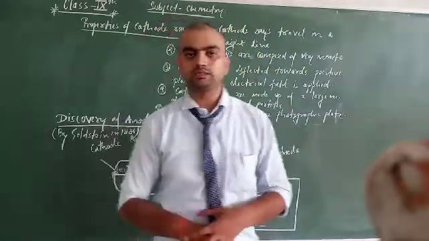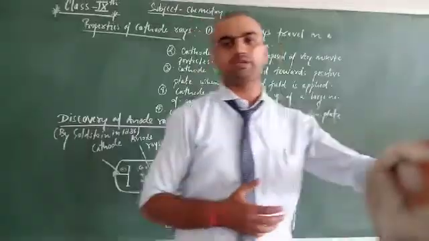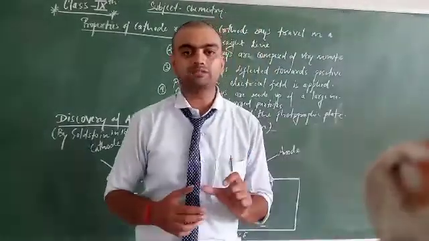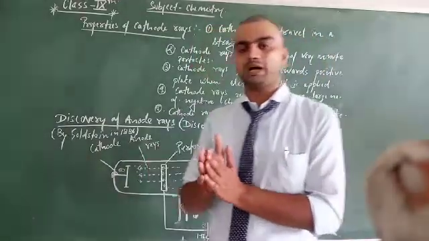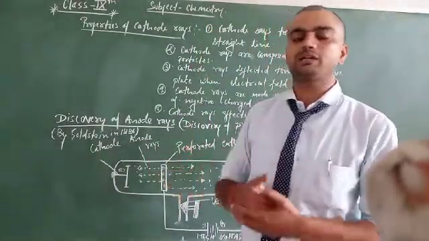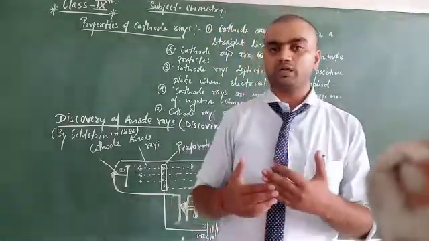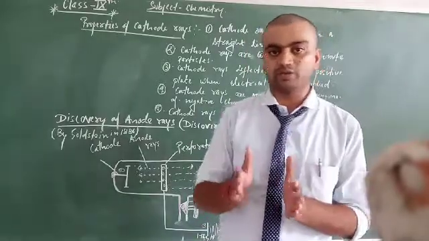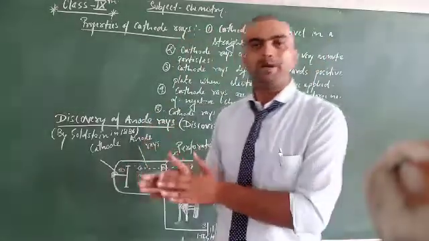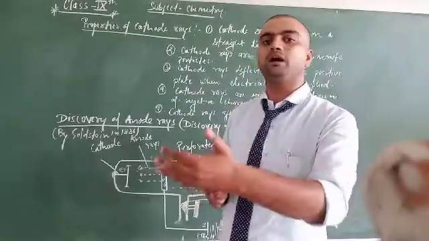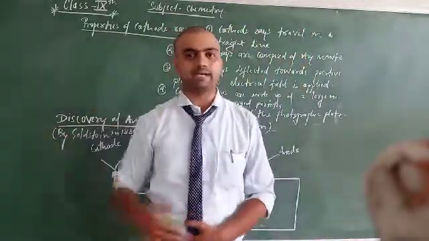Clear? For this, an activity has been performed to check whether the cathode rays travel in a straight line or not. In the path of the cathode rays, an opaque object is kept, and it was predicted that there will be an image, a shadow, we can see on the wall of the anode side.